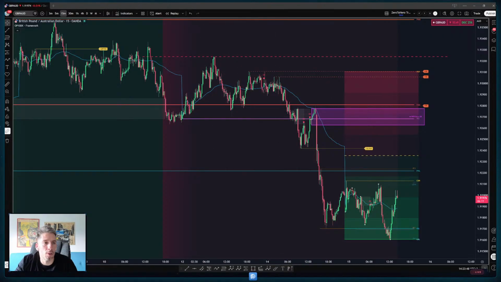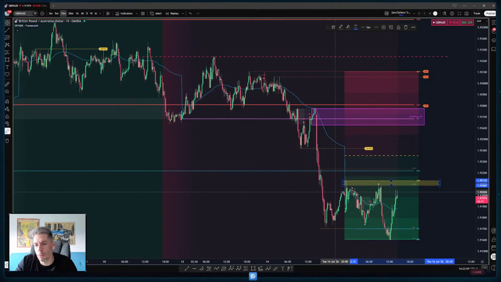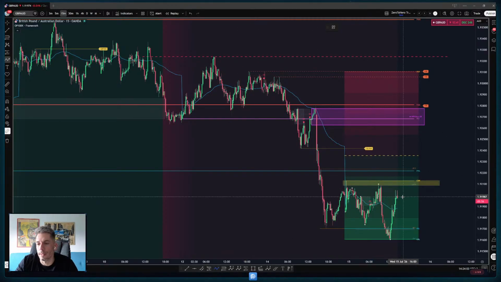Let's see pound Aussie. The trend is down. We are approaching a small area that can give us some sort of resistance.